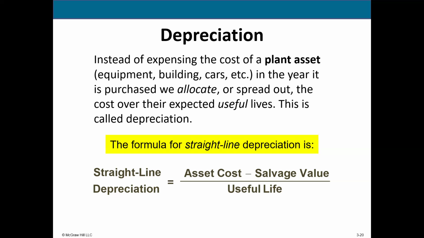So take the 26,000 minus the $8,000 salvage value, then I divide that amount, which is 18,000, by 5 years. At the end of each year, I'm going to record the depreciation expense by debiting depreciation expense and crediting accumulated depreciation.